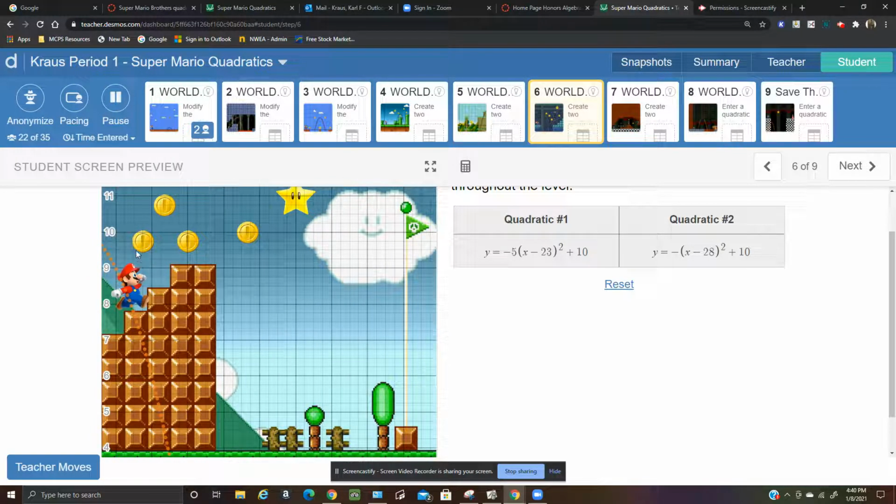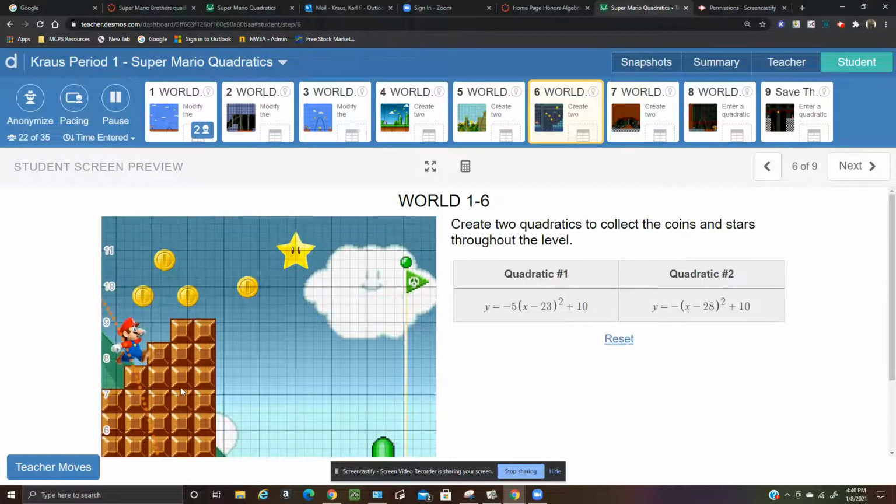So here I am going to use the vertex form. I want to jump up here higher. So it looks like 30 and a half, 11, maybe.